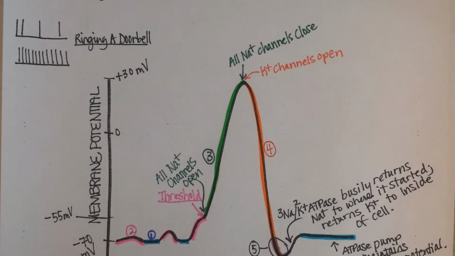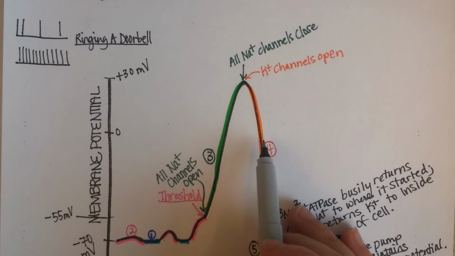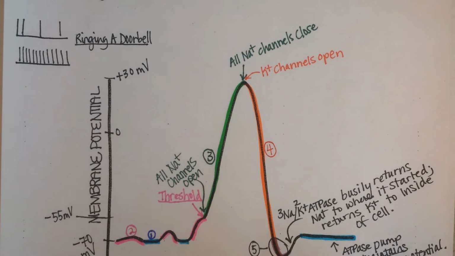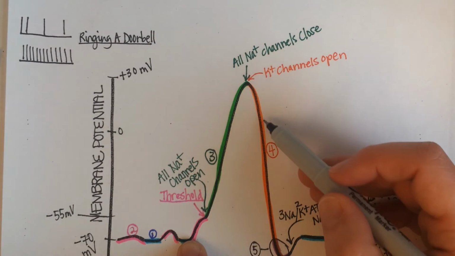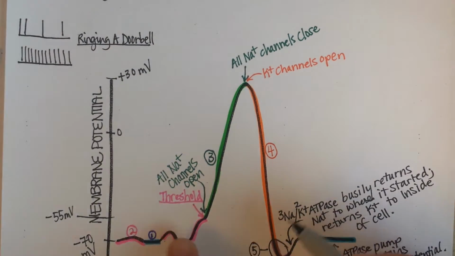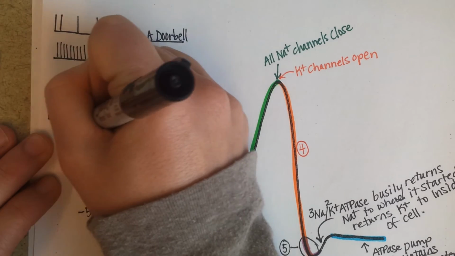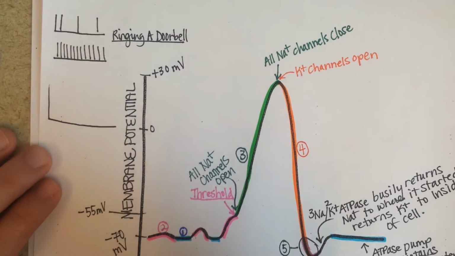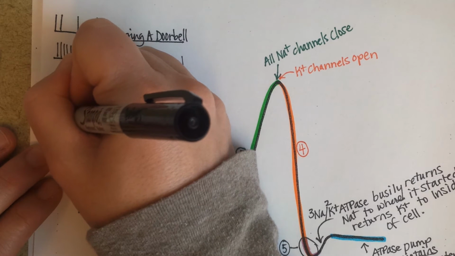Okay, now to show you though, you can only increase the frequency so much. You couldn't have them any closer together than right here, let's say, right? I mean, this has to finish. Look over here. If you have an action potential go up, it's got to come back down before it can go up again, right?